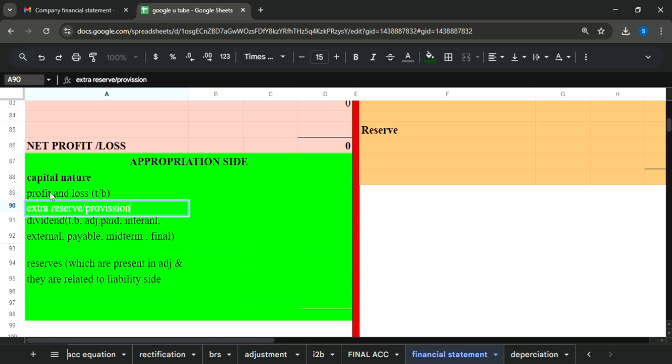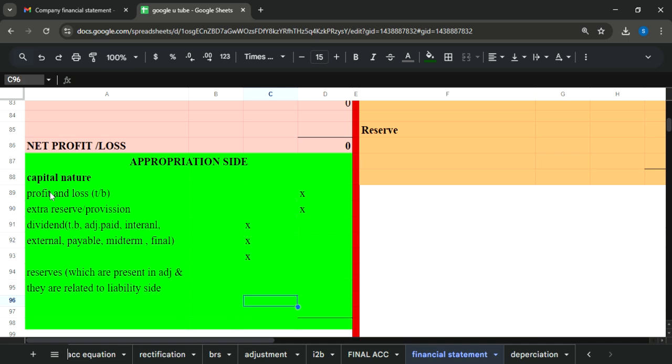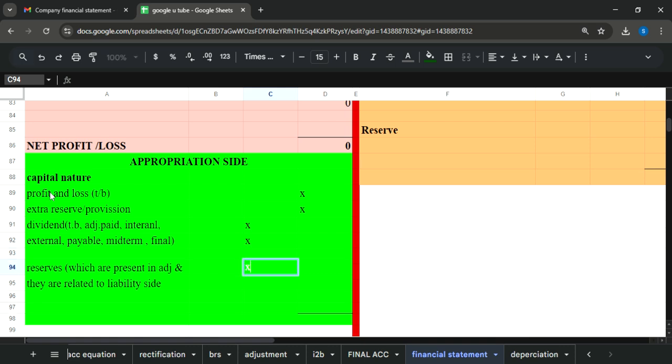So we have got an additional provision. That extra provision would be mentioned over here. Alright guys, so these two parts would be considered your income and the remaining part would be considered as your expense and you will mention it over here.